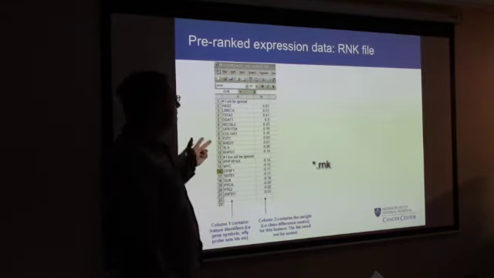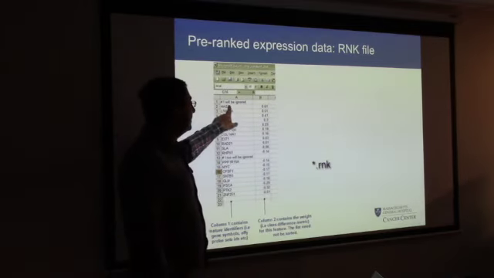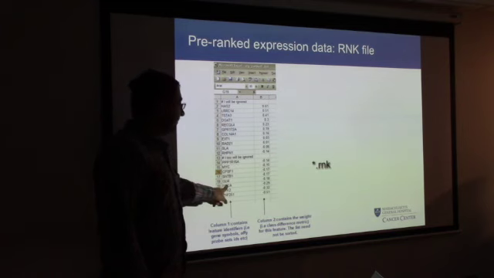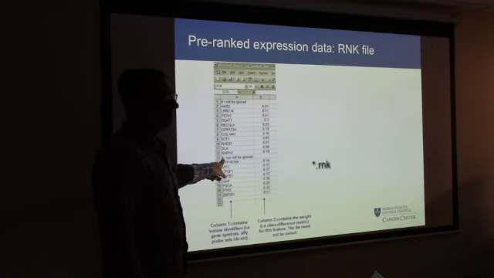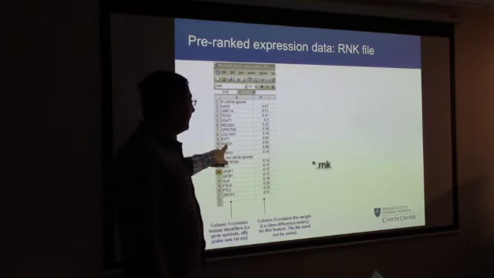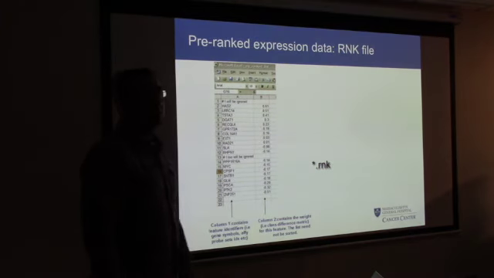It has two columns. The first line will be ignored. From the second line onwards, you have your gene name, and anything that has a hash symbol in it will be ignored, as it treats it as a comment. So it has your gene name and the fold change. Both of those columns are required.